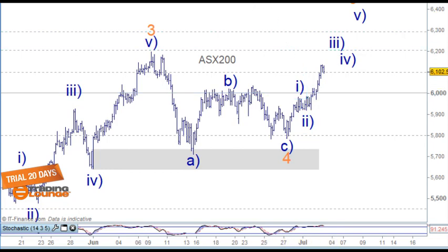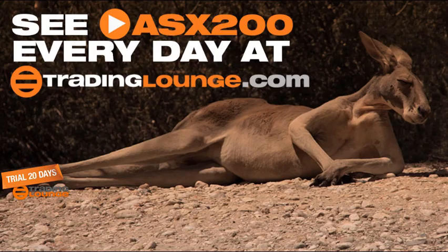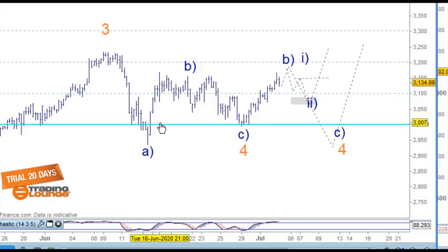So what we're doing at the moment, we're doing the same thing for the US market. So if we look at the US market here, as you know, we can look at this as an A wave. Also on the cash market for the S&P, this is the high here. So we can count 1, 2, 3, 4, 5. So is this 5 waves here?